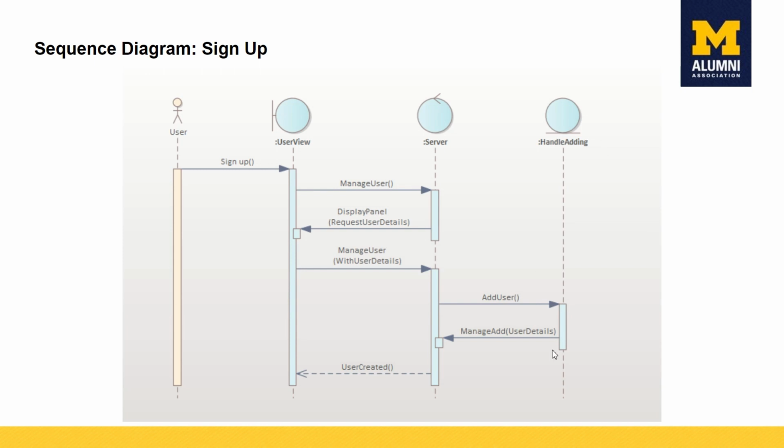So the handle adding will format that and respond back to the server, and the server will check, do we have or not. If we do have, the server will check. The server will add this information to the database because it's sign up, it's not login. If that successfully works, it's gonna send back user created, and that's it for the sign up sequence diagram.